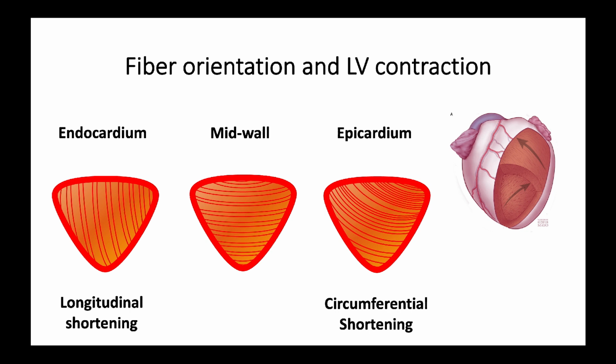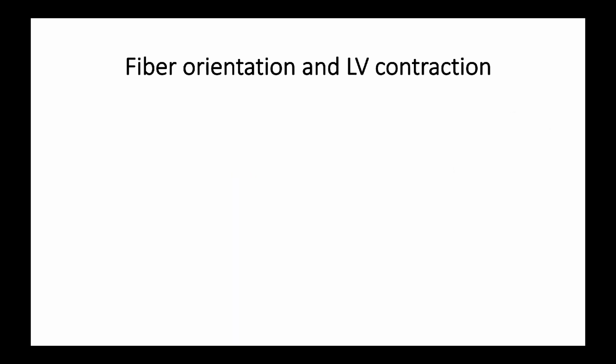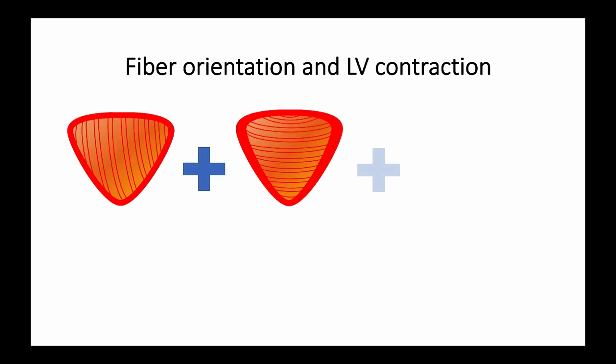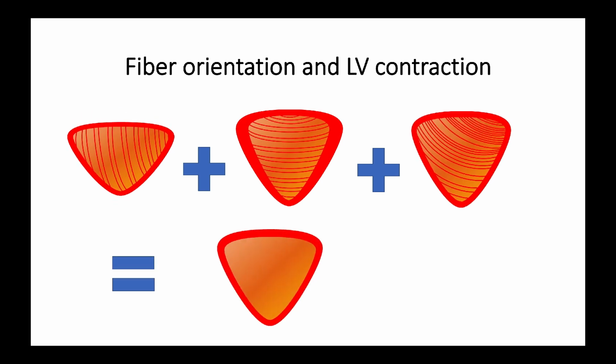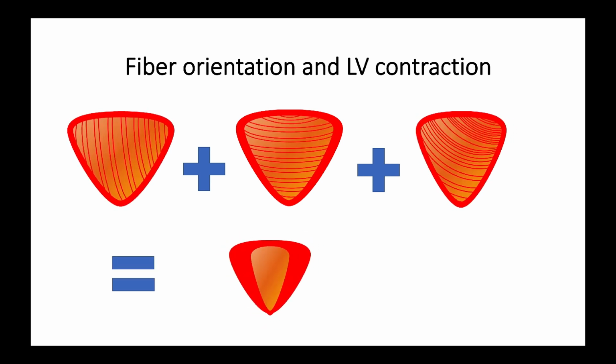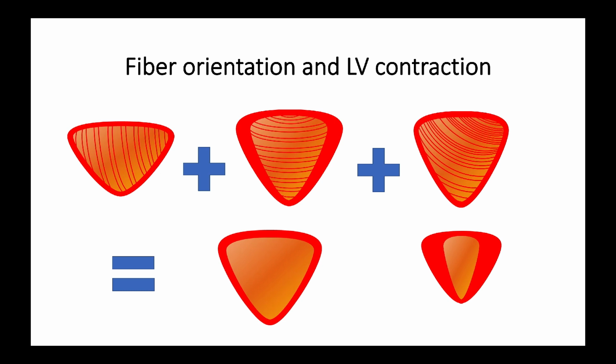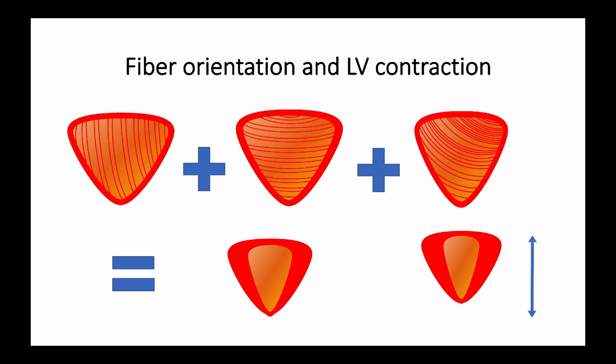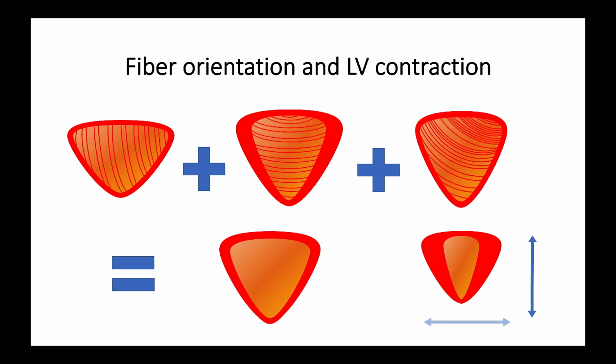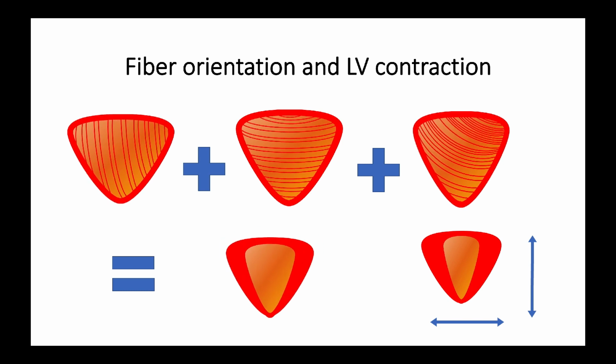And the contraction of the transversely directed fibers in the middle zone will lead to radial thickening of the myocardium. The first thing to appreciate about myocardial deformation is that it's the sum of contraction of differently arranged fibers in 3 zones. This leads to a deformation behavior that's the combination of endocardial longitudinal shortening, epicardial circumferential shortening, as well as radial thickening.